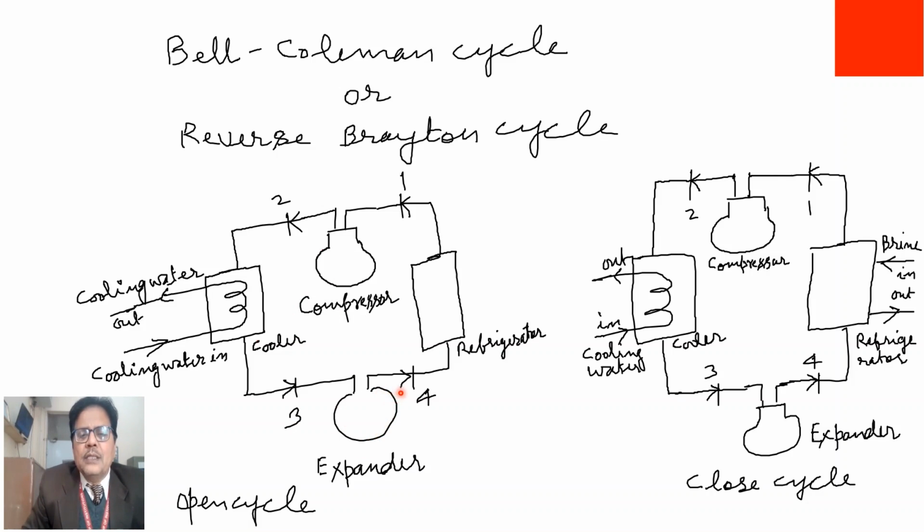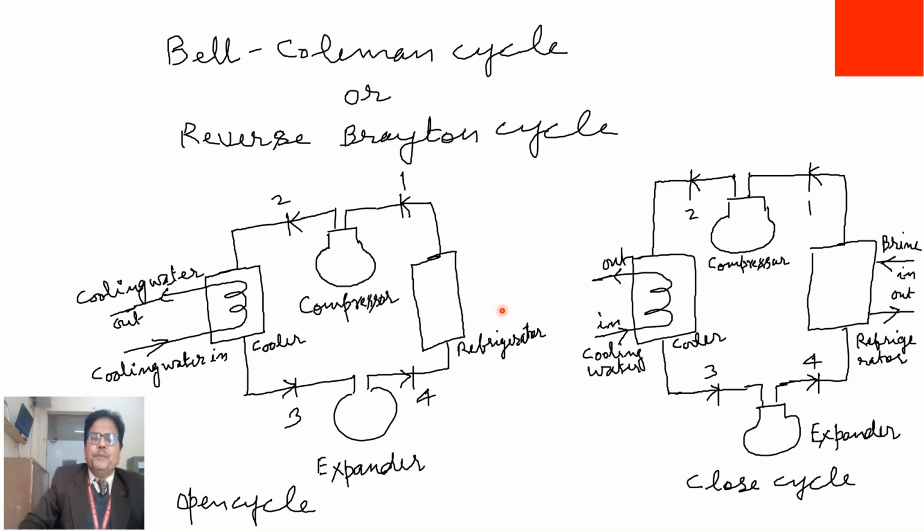After that, at state 4 the air is at low pressure and low temperature, and this air is passed through a space which is to be cooled. This space is called the refrigerator. As I told you in the first lecture of refrigeration and air conditioning, a refrigerator is a device used to refrigerate, and refrigerate means that with its help we can decrease the temperature of the subsystem or substance which is to be cooled below the atmospheric temperature.